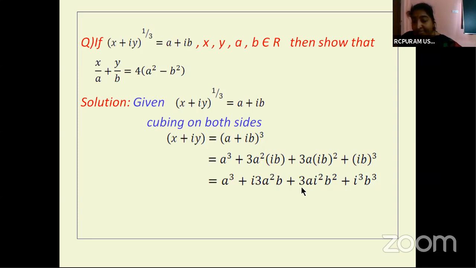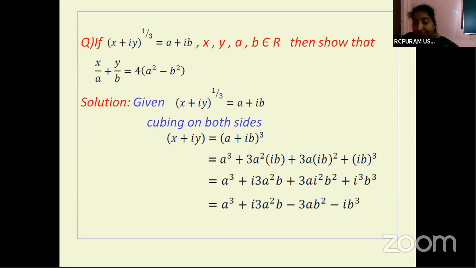Then this is 3a i square and b square, i square b square, plus i cube b cube. Instead of this i square, I will write minus 1, so that minus 1 is giving you minus here. So this is a cube plus i into 3a square b minus 3ab square. i cube here is nothing but i square into i, which is minus i. I told you to remember this, children. i power 4 is equal to 1 is also to be remembered to make our calculations easy.